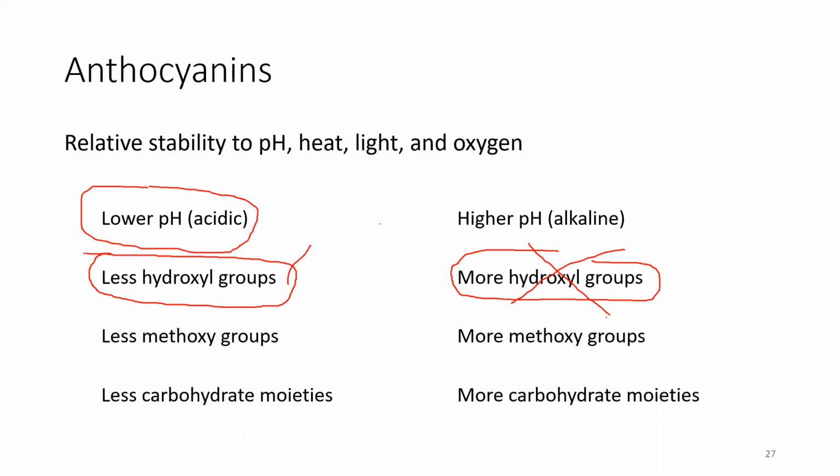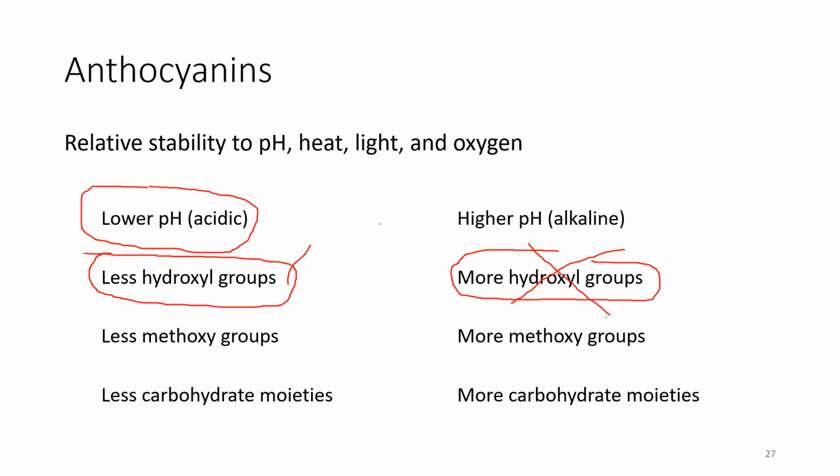So basically, hydroxyl groups introduce opportunity for reactivity. They're a functional group that's reactive. And so if we have fewer of them, it will be less reactive and more stable. Okay, next is fewer or more methoxy groups.